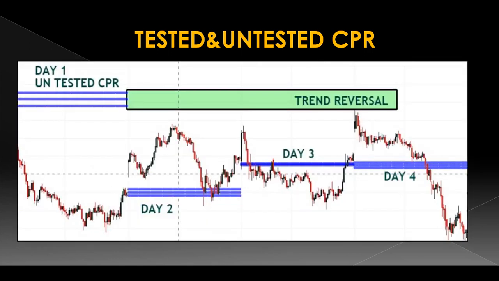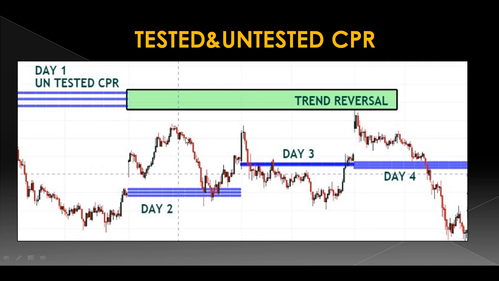So, what is the strength of this untested CPR? We'll see. Here I have marked 4 days. Day one is an untested CPR; day two, day three and day four are tested CPR. See how the untested CPR behaved on the fourth day.